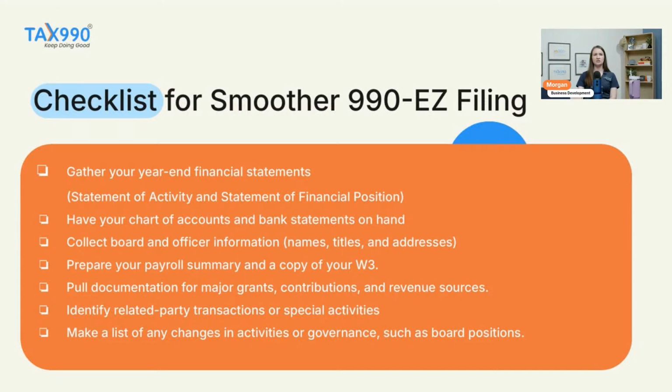Pull documentation for major grants, contributions, and revenue sources. Identify related party transactions or special activities. Any related party transactions would include parents and subsidiaries, affiliates, and key management personnel. Make a list of any changes in activities or governance, such as board positions.